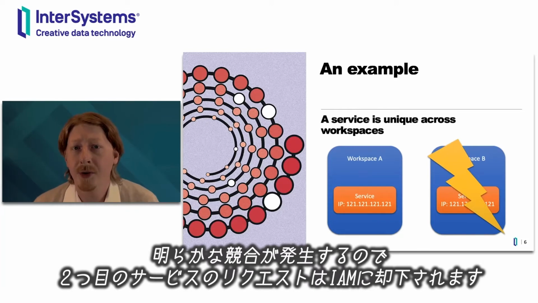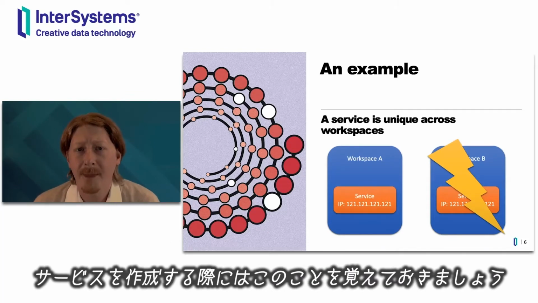IAM is going to deny my request to create the second service because there's obviously a conflict going on between those two services. This is something I have to have in mind when I create services.